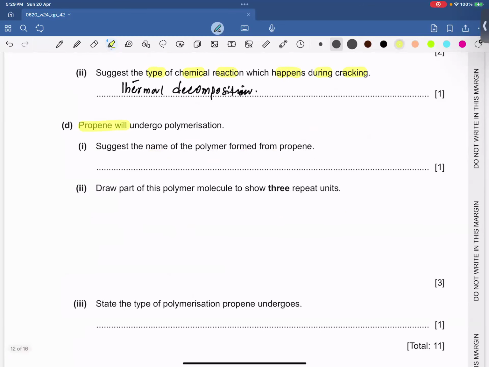Propene will undergo polymerization. State the name of the polymer formed from propene: polypropene. We did that in the class. Draw part of this polymer to show 3 repeating units. My goodness, I need to mention 3 times.